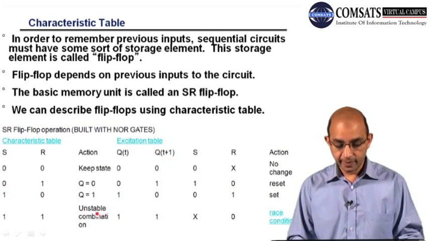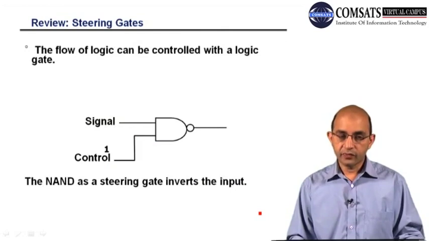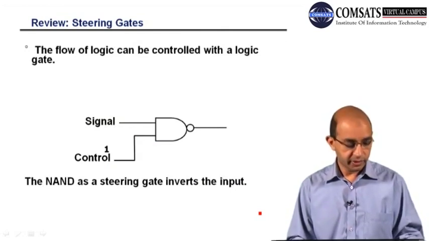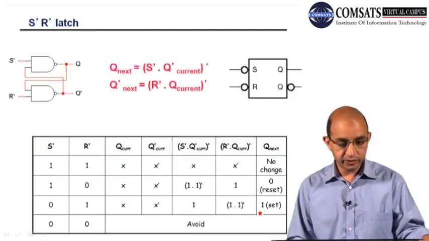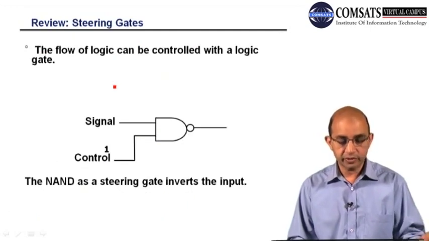You can see we have the unavoidable conditions, which we can call race conditions. Here we don't have the control signal. Up till now we haven't introduced the control signal. You can see that we have the input and the output, but no control signal. So let's talk about the control signal.